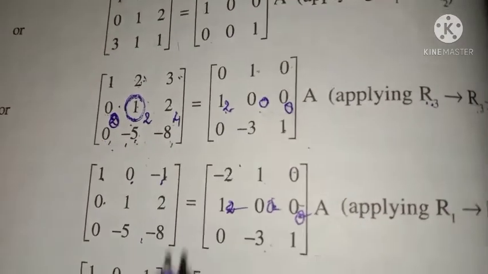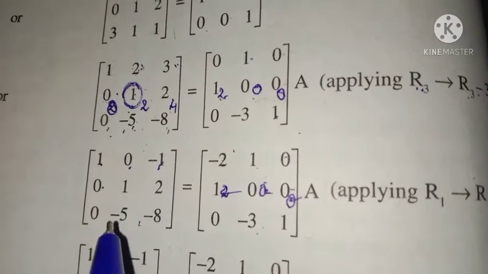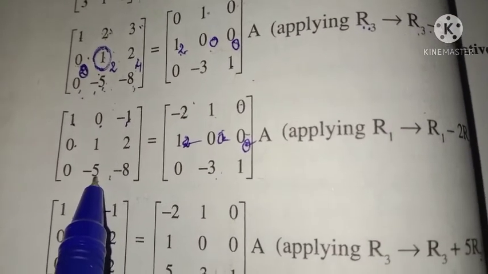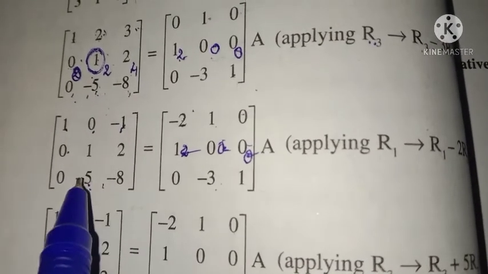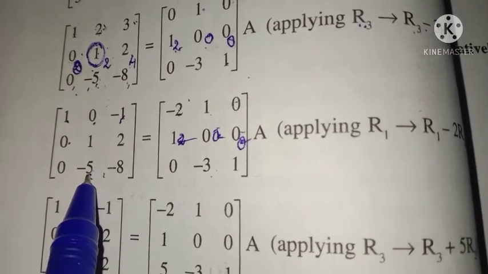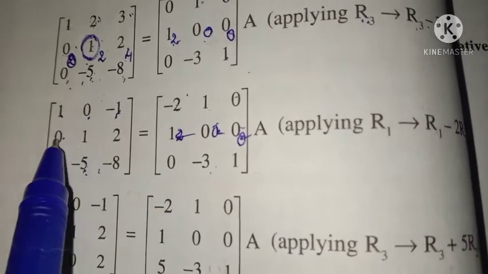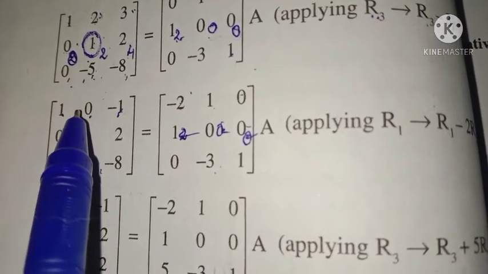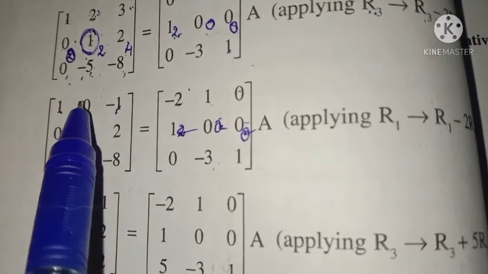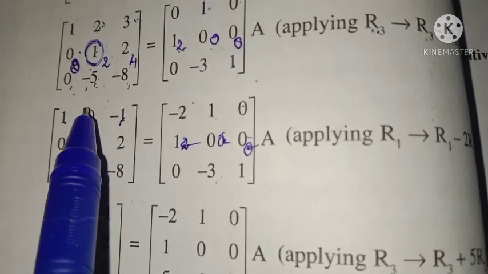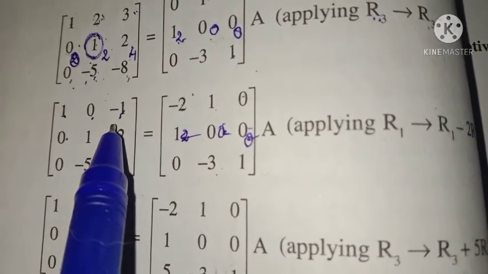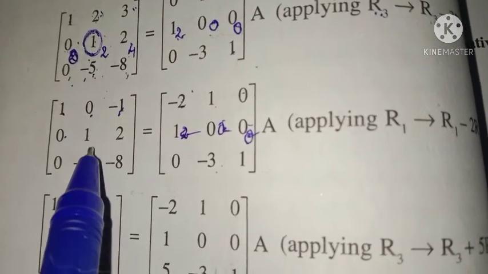Okay. Next we need to convert this minus 5 to 0. This is our next step. To make this minus 5 as 0, listen, consider this second row, because in the first row this corresponding term is 0. So whichever term is 1, take that particular row and do the transformation.